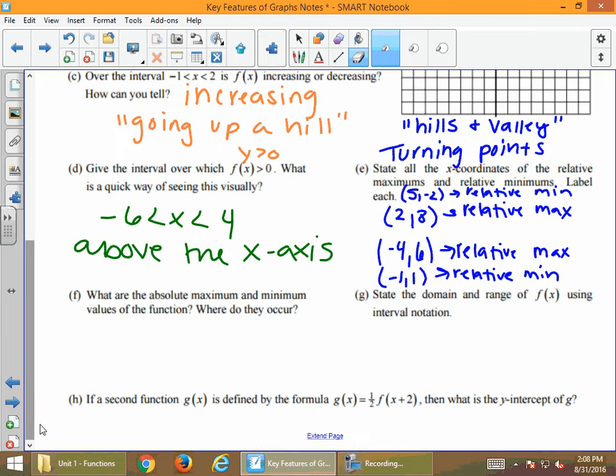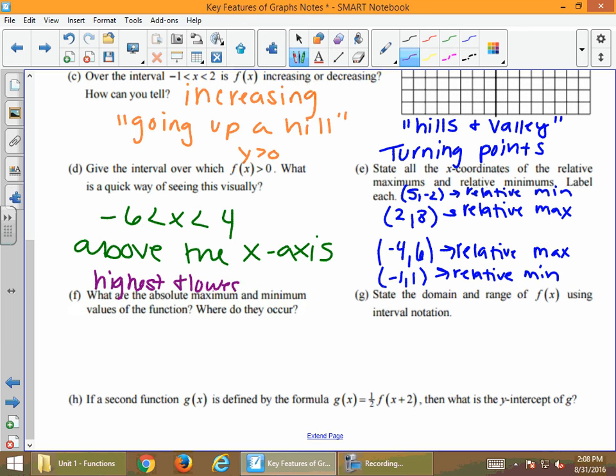For x's, what are the absolute maximum and minimum values of this function? When it says the word absolute, that is high points and low points. Your highest point and your lowest point. When it says absolute, that means it doesn't have to change direction.